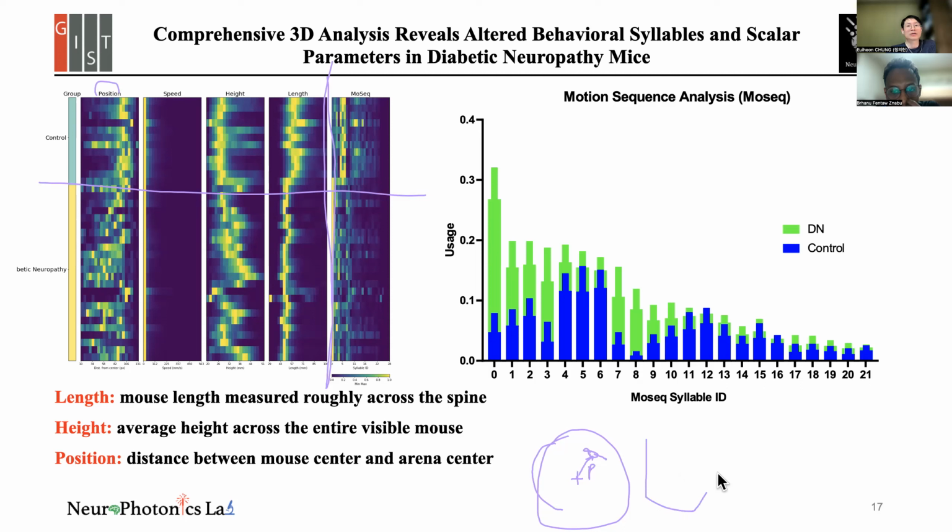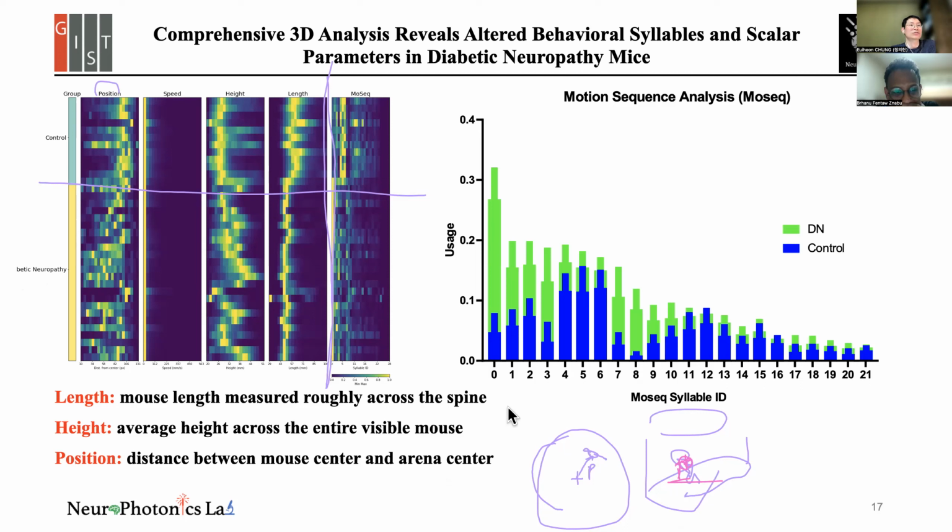So this one, are you talking about the mouse center? Yeah. Center distance from the bottom to the center of mass of the mouse. Is that true? Yeah. From the bottom to the head. Yeah. Please display. Make a drawing for that.